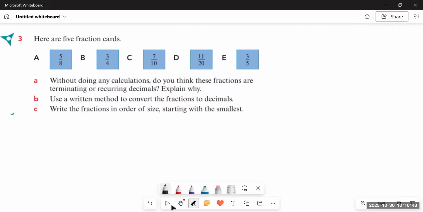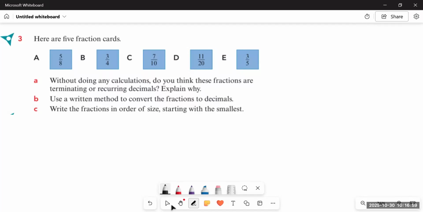Here comes question number 3, which says, here are 5 fraction cards: 5 over 8, 3 over 4, 7 over 10, 11 over 20, 3 over 5. Without doing any calculations, do you think these fractions are terminating or recurring decimals?